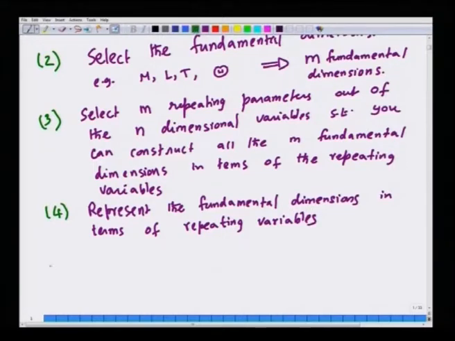And the fifth step is to finally do the non-dimensionalization.